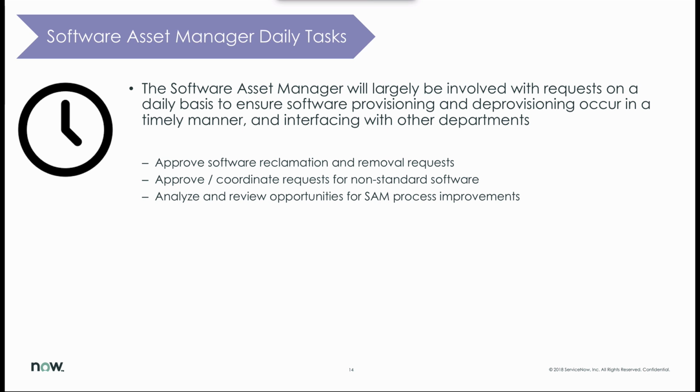The examples here are for when we need to reclaim software that isn't being used frequently, and also removal requests, when we need to actually uninstall software from a user's device when it's been used infrequently. Also looking for opportunities to improve the SAM process, and making sure that that SAM process is fit for purpose within an organization. So that's essentially what the SAM manager is doing on a daily basis, is making sure that this process is working effectively and smoothly.